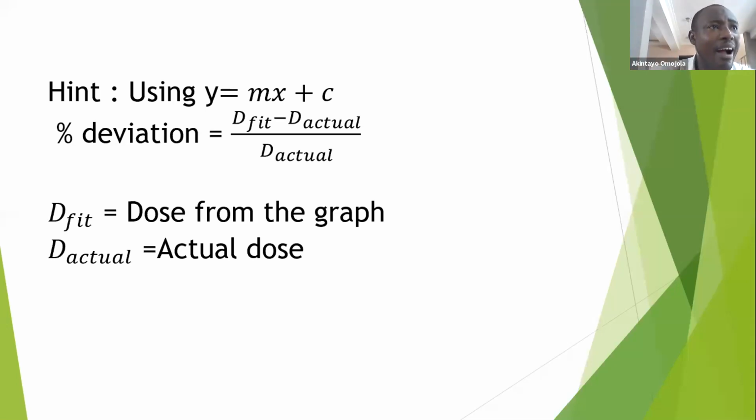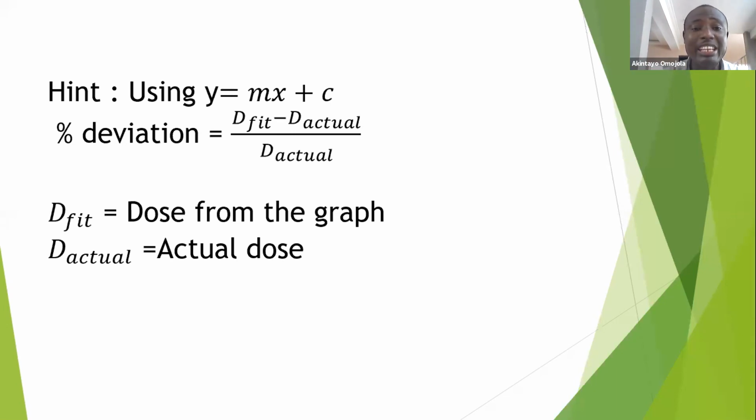From our line graph, we can use it back to get back our known dose. So you just use that equation back and plug in all the values. You remember that as physicists? When you get an answer, plug it back into y equals mx plus c.